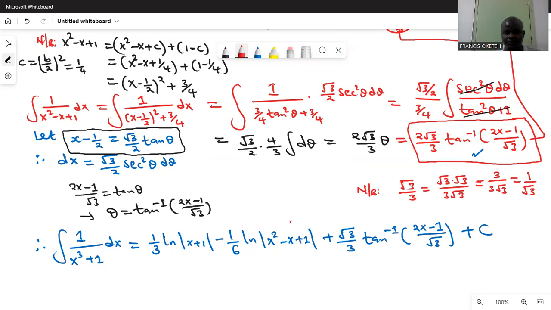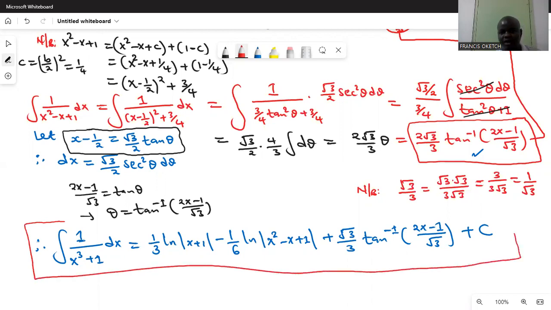So root 3 over 3 is the same as 1 over root 3. So this is how to integrate 1 over x cubed plus 1 with respect to x.